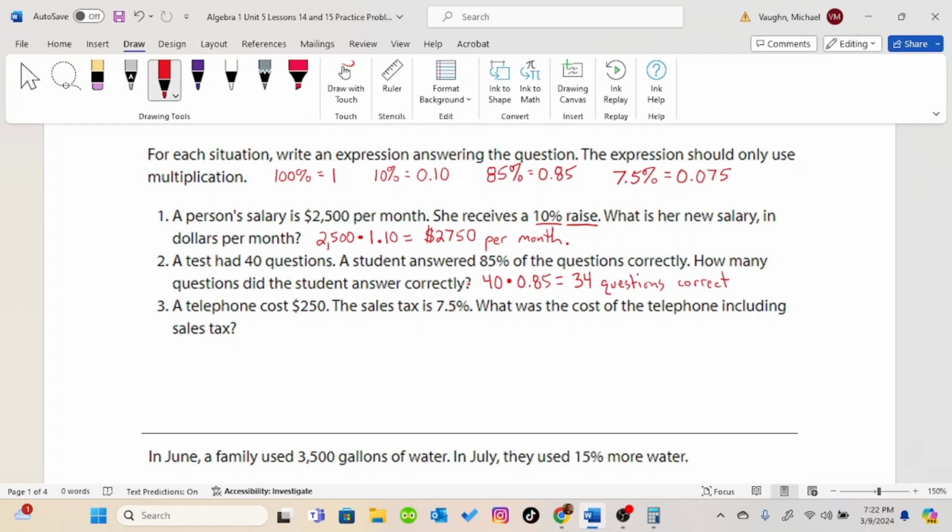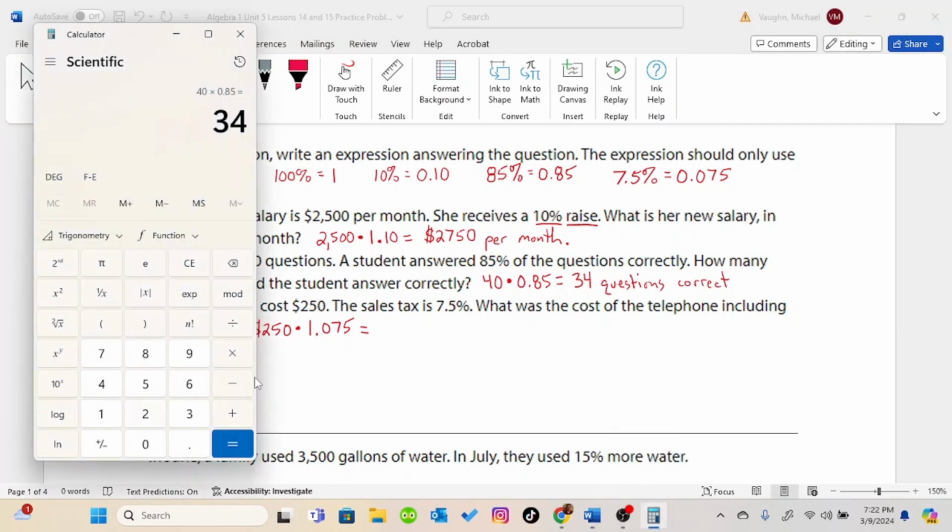And since we want the total cost, we're going to take the original amount, $250. We're going to multiply it by 1.075, because we want the total cost that includes the original $250 plus the extra 7.5%.